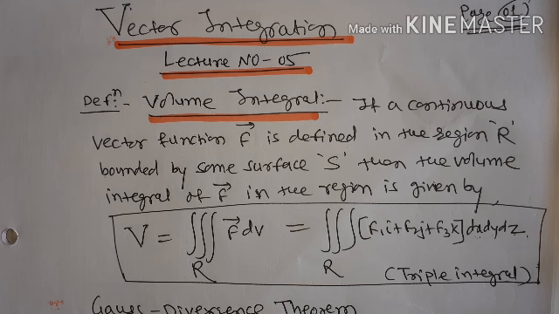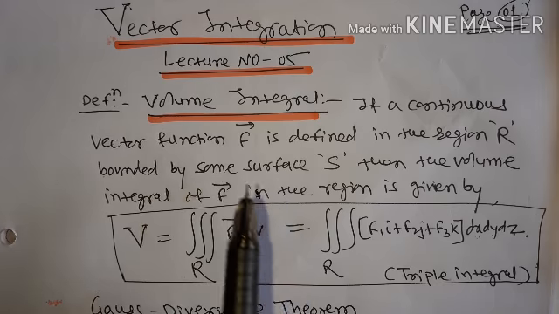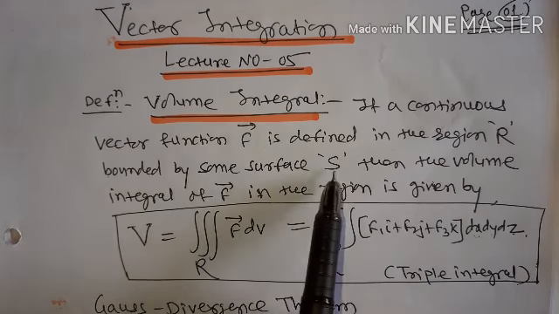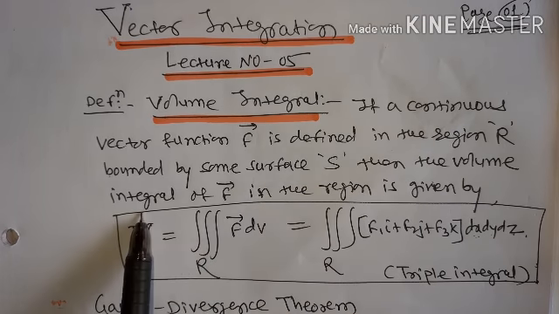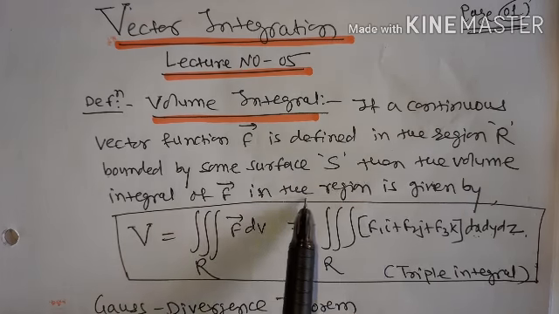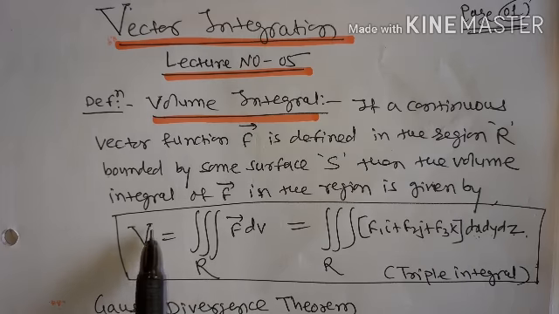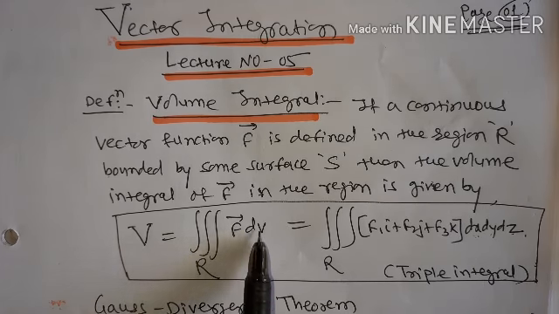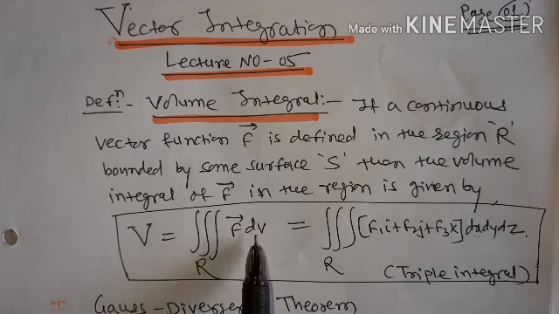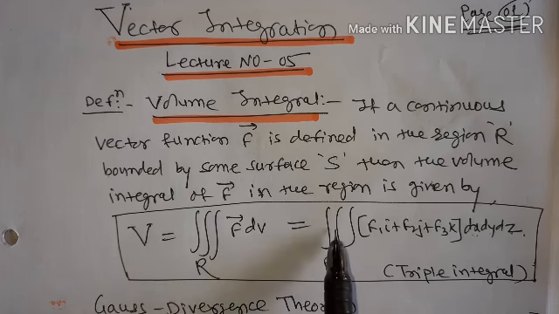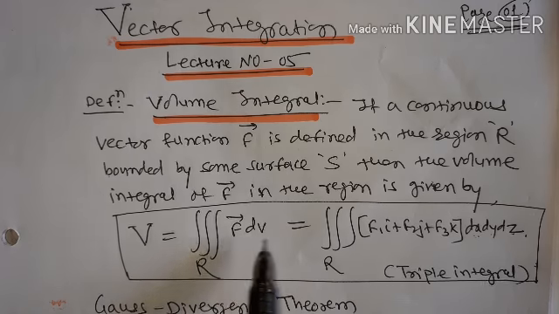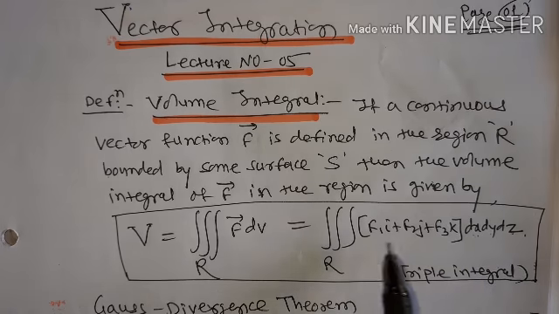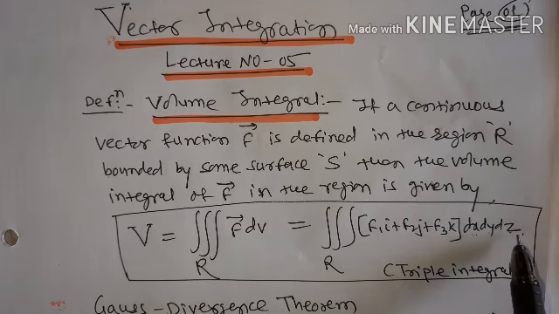If a continuous vector function F bar is defined in the region R bounded by some surface S, then the volume integral of F bar in the region V is the triple integral F bar dV. Here F bar is the vector f1 i plus f2 j plus f3 k, and dV is dx dy dz.